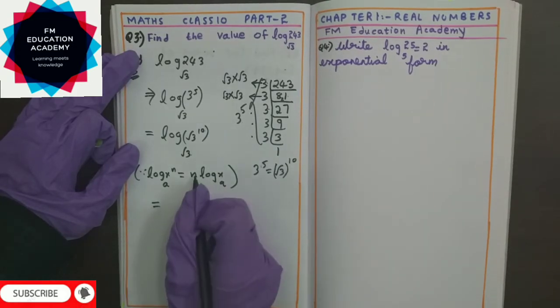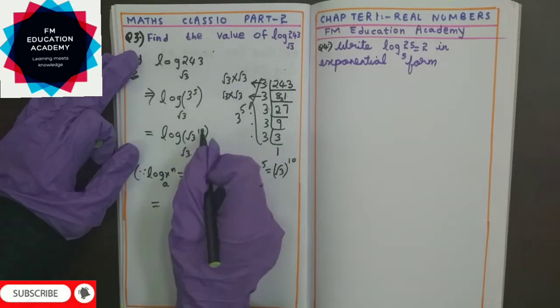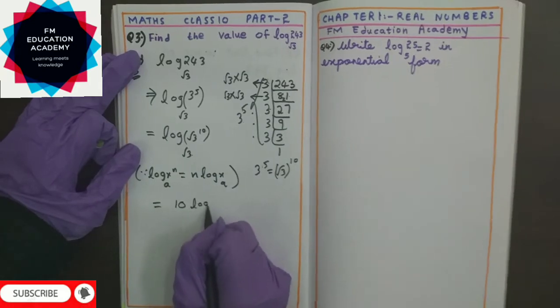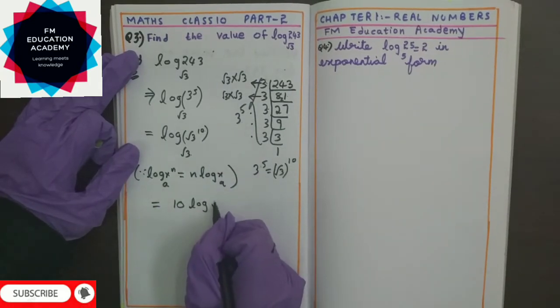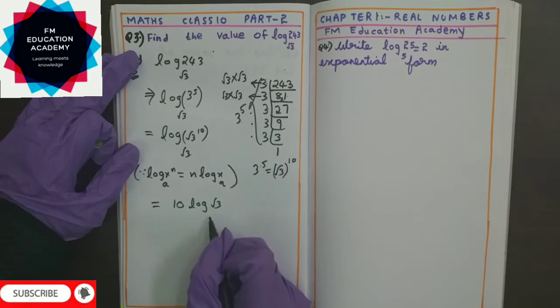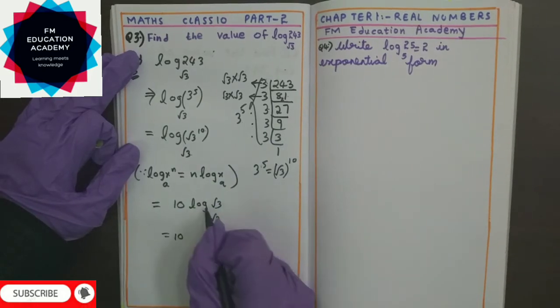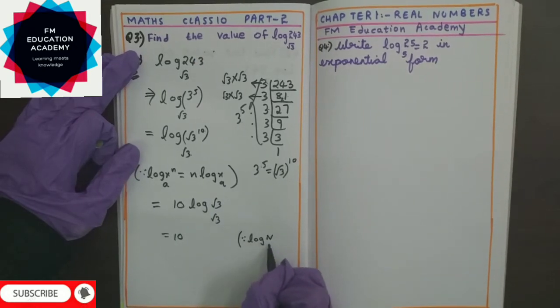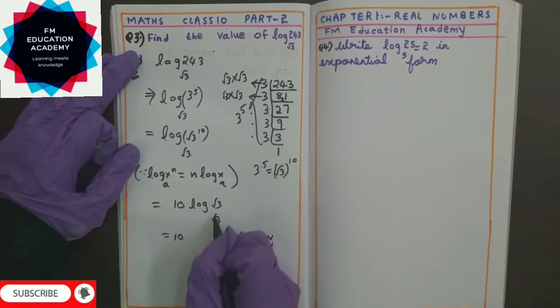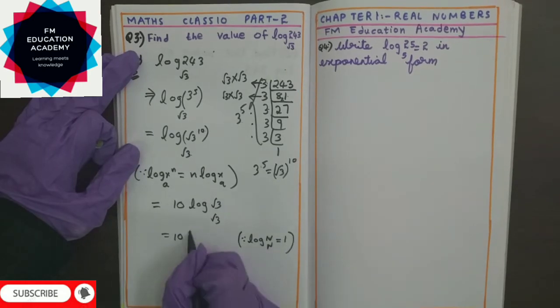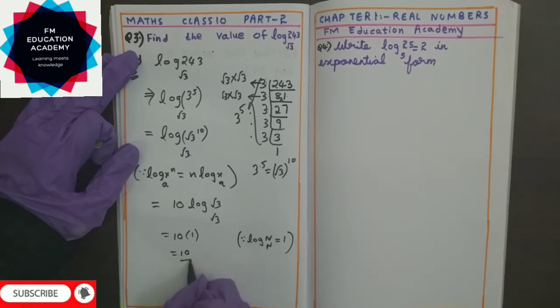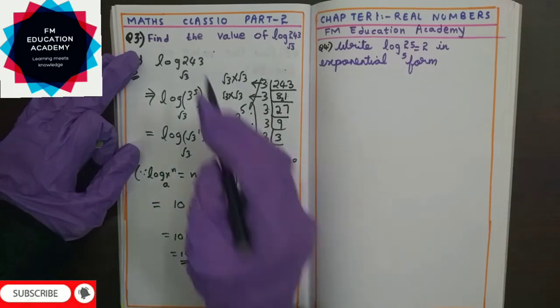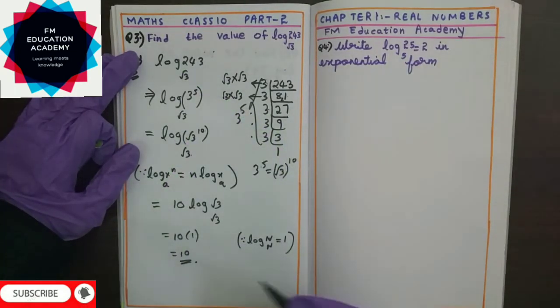So n here is 10, log as it is, x here is root 3 and a here is root 3. Now observe again it is log root 3 to the base root 3. We know log root 3 to the base root 3 is in the form of log n to the base n, and because both are the same, root 3, that value is 1. So 10 into 1 is 10. So this is how you find out the value of log 243 to the base root 3 is 10.